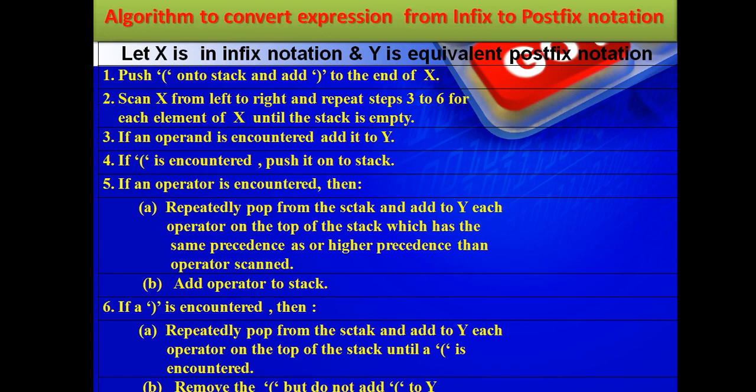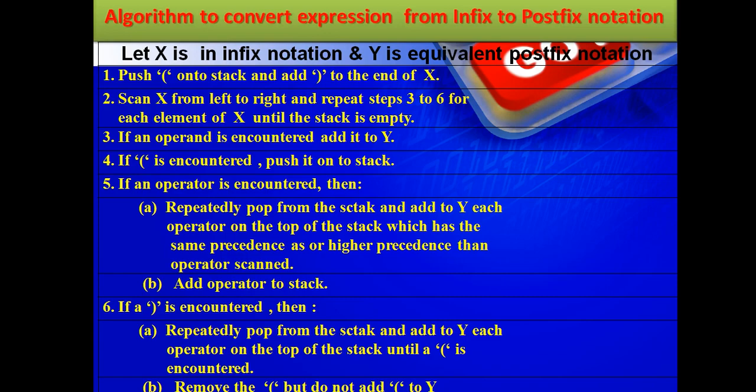That is why the priority of the top of the stack operator is checked with the priority of the operator scanned. If the priority on the top of the stack is either higher or equal, meaning even if it is equal, like multiplication and division having the same priority, then you pop.